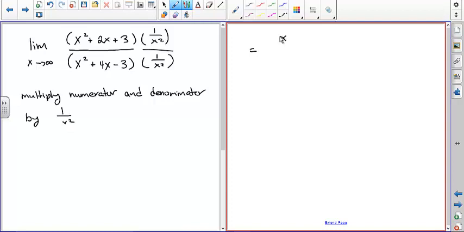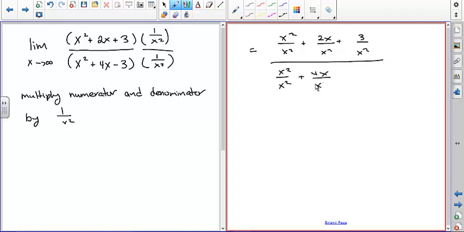You're going to end up with x squared divided by x squared plus 2x divided by x squared plus 3 divided by x squared, all divided by x squared divided by x squared plus 4x divided by x squared plus 3 divided by x squared. And then you can simplify.